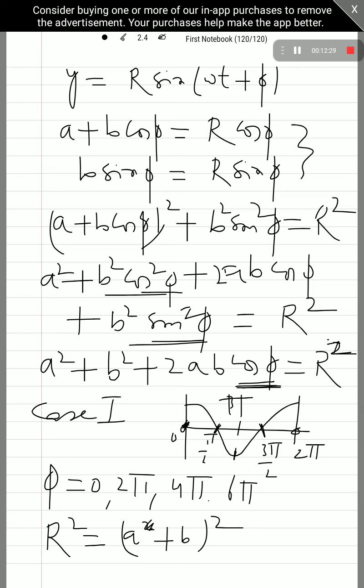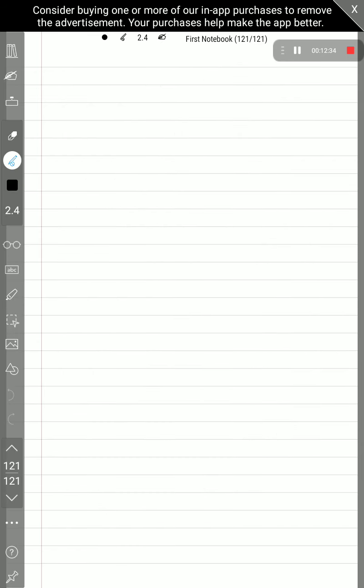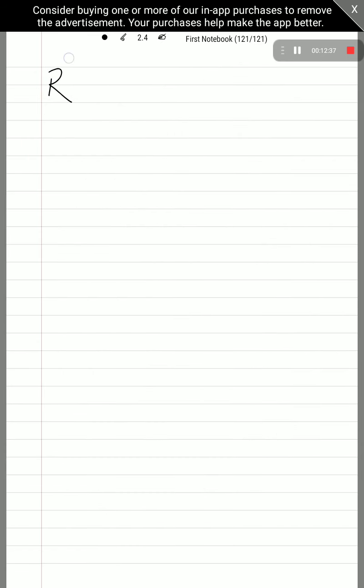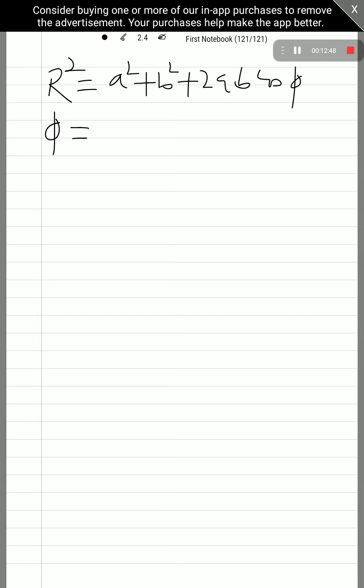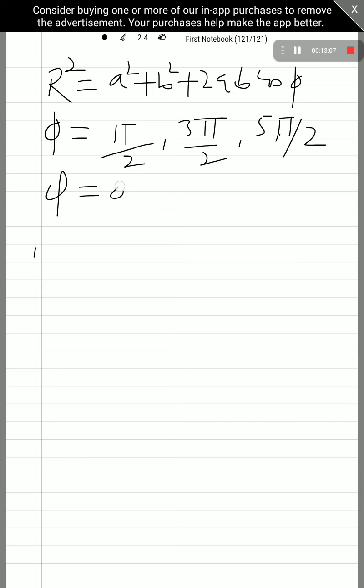So R square will become A square plus B square plus 2AB, which is (A plus B) all square. Now let us talk about the second case. We have R square equal to A square plus B square plus 2AB cos phi. At phi values equal to pi by 2, 3 pi by 2, 5 pi by 2, cos phi equals 0, so R square will be A square plus B square.